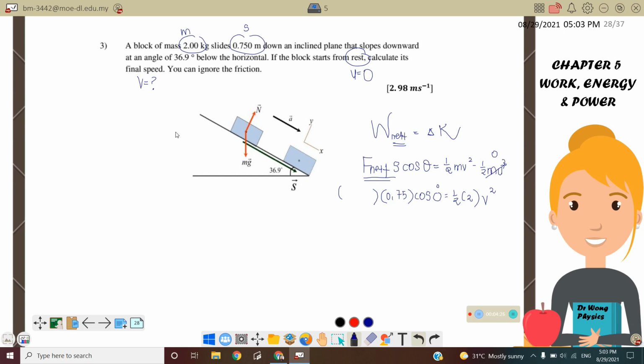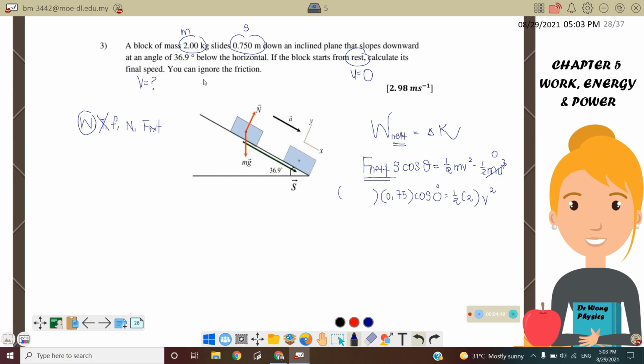We need to go back to chapter 4. We need to draw the free body diagram for this object, where you need to ask 5 questions: weight, tension, friction, normal, and also F external. Number 1, weight, yes, we already drew. Tension, we don't have, because there's no string.